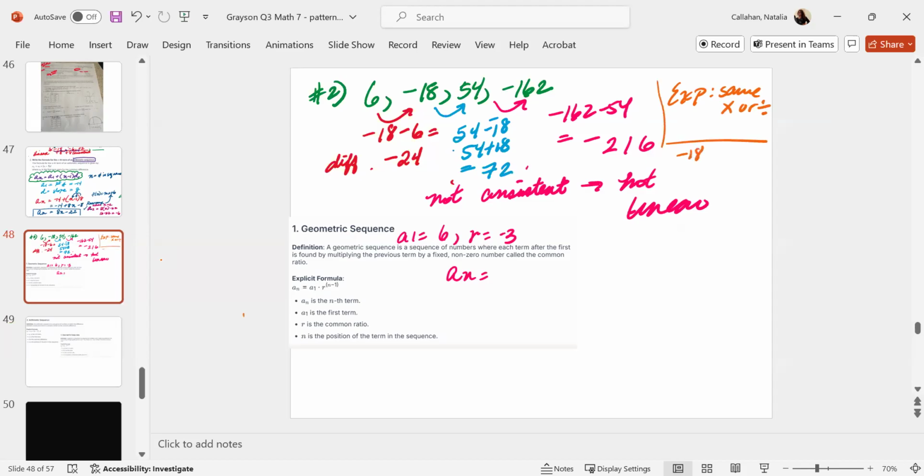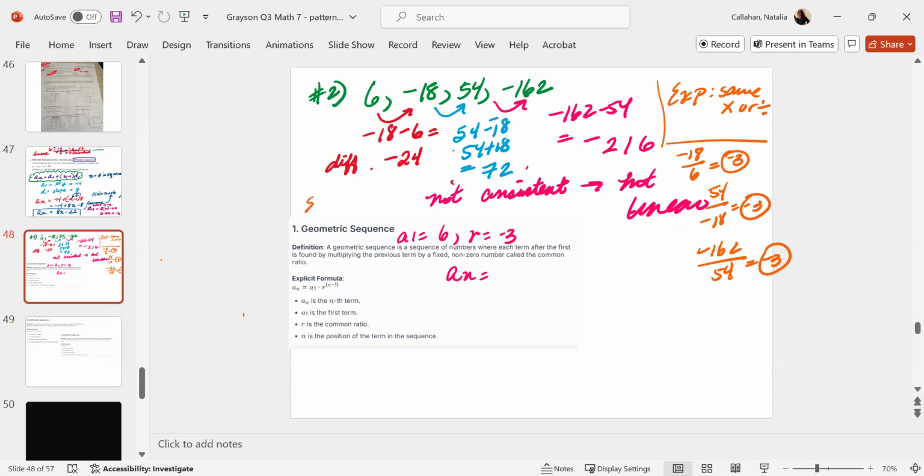So if I do -18 divided by 6, so that's the second term with the first term, it's -3, right? Let's do the third term with the second term. 54 divided by -18, -3, right? -162 divided by 54, -3. Since these are all multiplied and divided, if it's multiplied, then you can check it by dividing it, right? These are the same consistent term, then you know it's going to be exponential, okay?